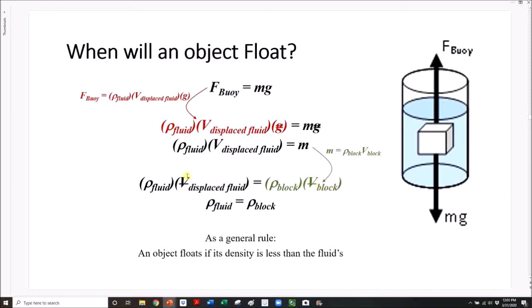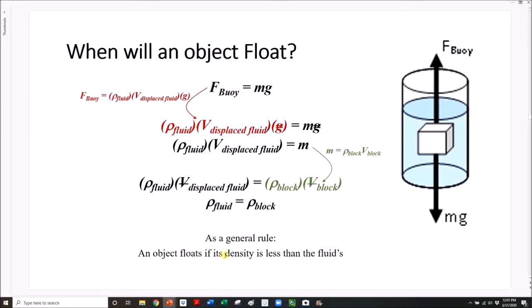And if the volumes cancel because it's completely submerged and they're identical, then we see that an object will float whenever the density of the fluid is equal to the density of the block, or the density of the fluid is greater than the density of the block. The general rule of thumb is an object floats when its density is less than whatever the fluid is.